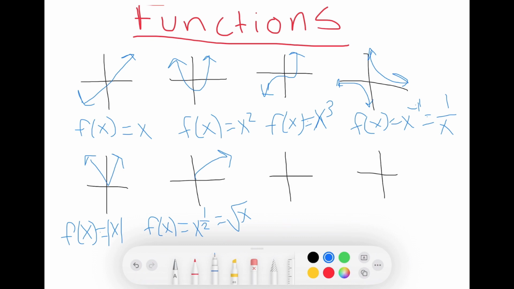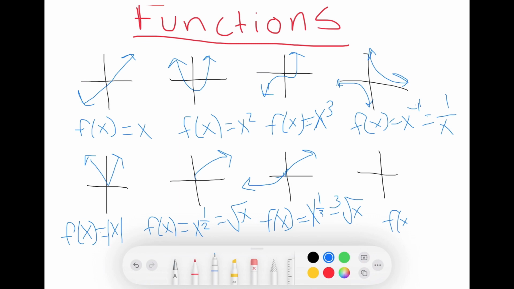F of x is equal to x to the 1/3 power, or the cube root of x. And this graph, you may notice, looks very similar, except it is a continuation of the graph from the last one.